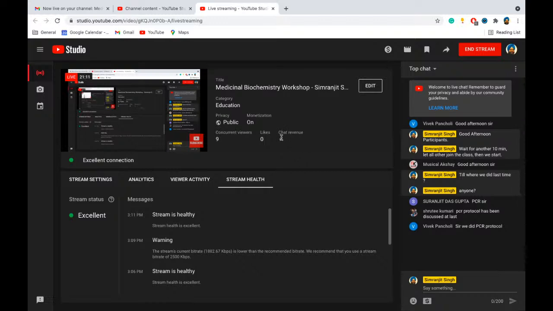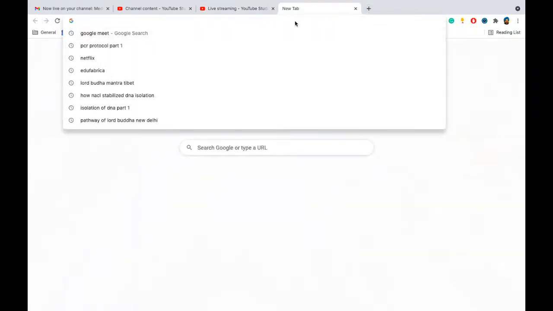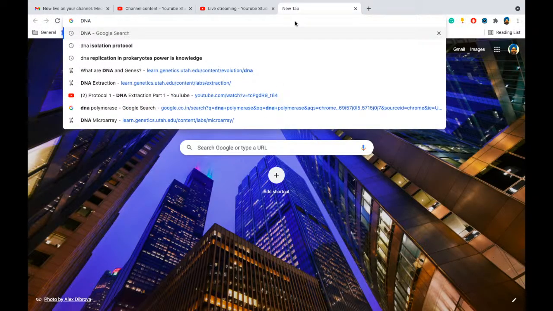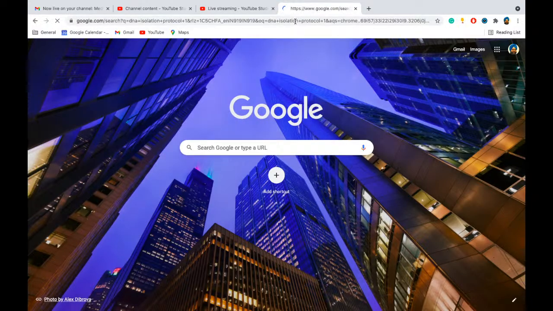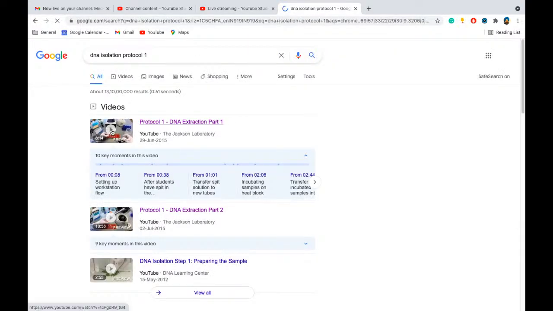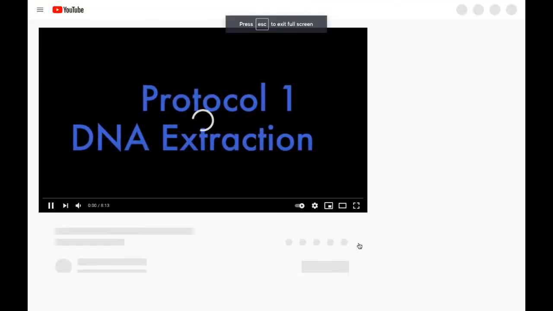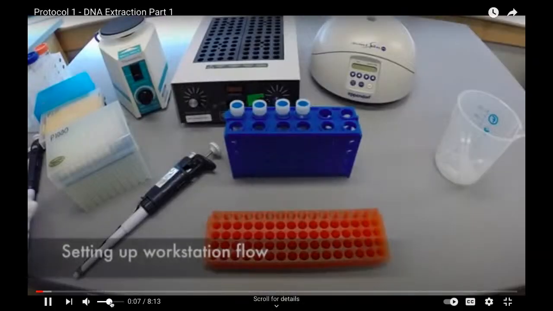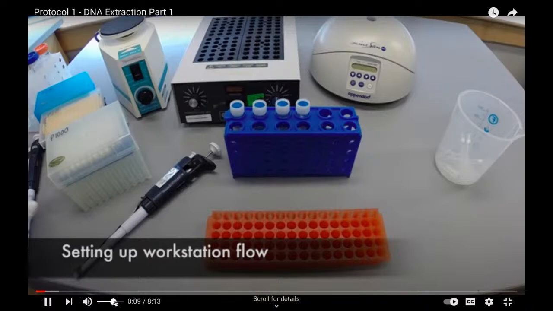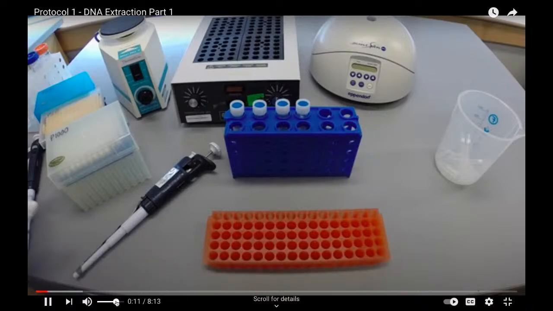So now I want to show you the DNA protocol. Before beginning any protocol, you want to make sure that your workspace has a proper flow to avoid contamination of samples or reagents.